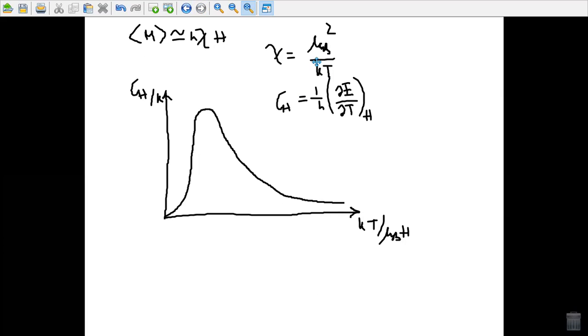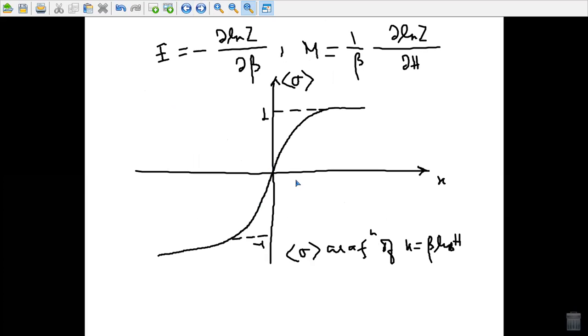So we can learn from this equation that as the temperature decreases, the system magnetizes more easily, and the slope at the origin of this figure grows.